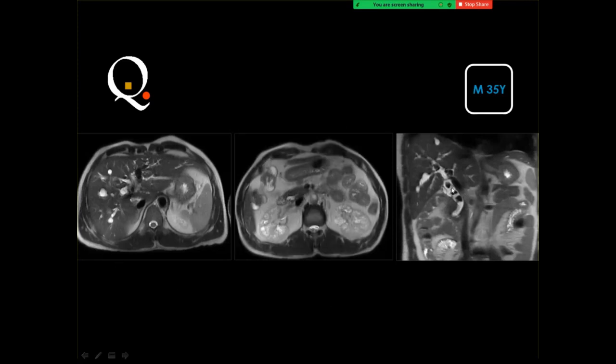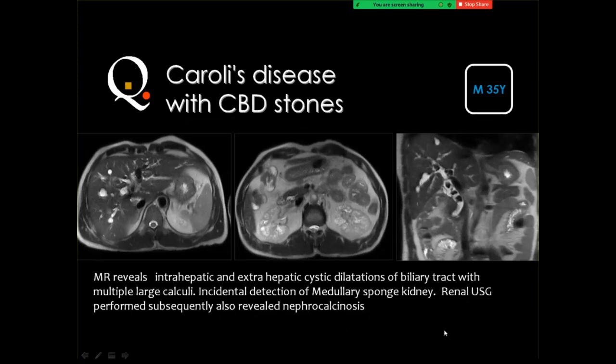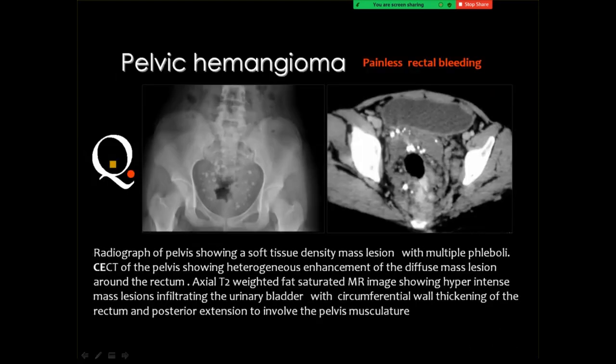You can see that the intrahepatic biliary radicals are somewhat dilated, and there are some cystic changes connected to the biliary radicals, which is one of the criteria of Caroli disease. Then this patient had Caroli disease as well as multiple common bile duct stones.